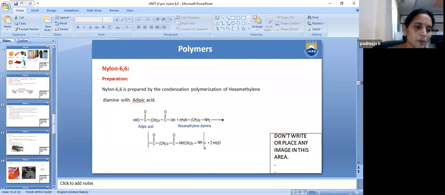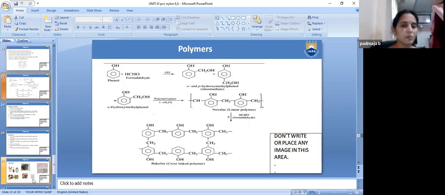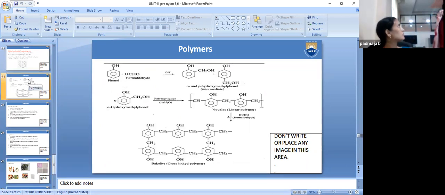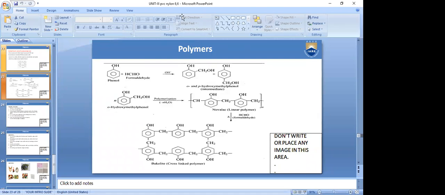So how is Bakelite prepared? Preparation of Bakelite. What are the chemicals we need in the preparation of Bakelite?